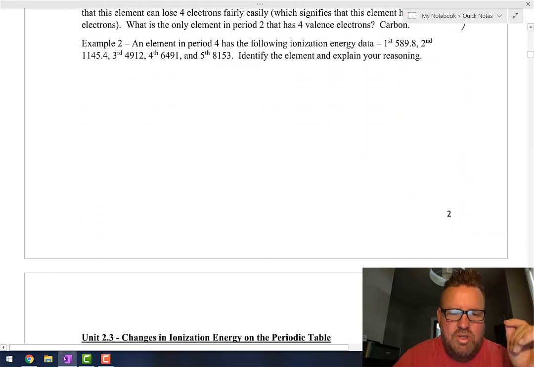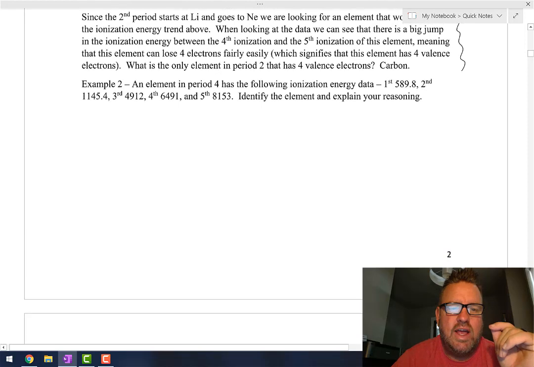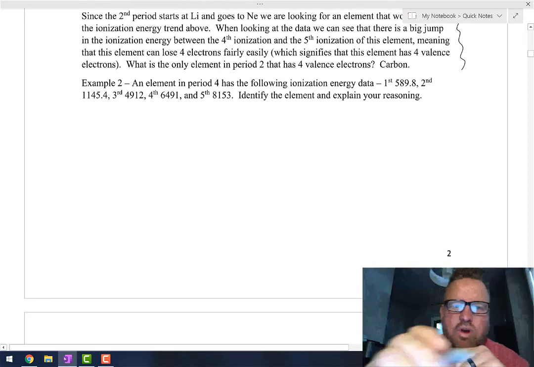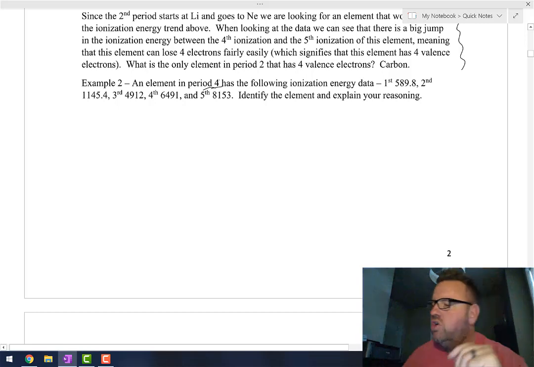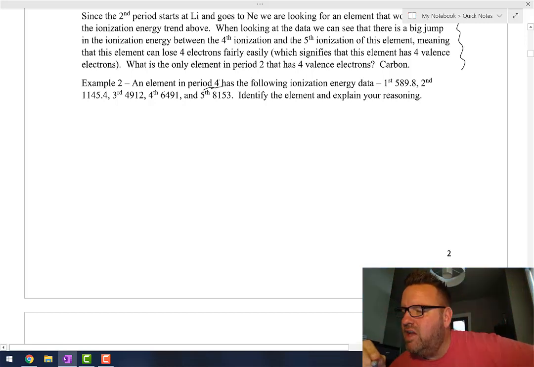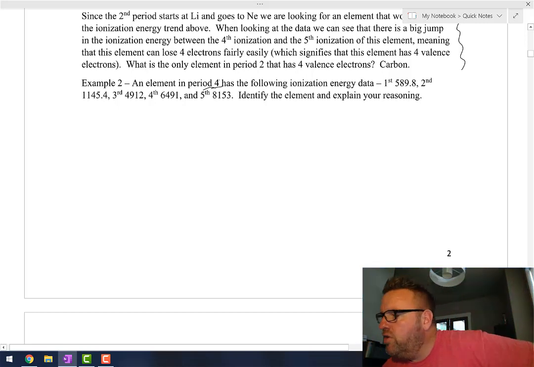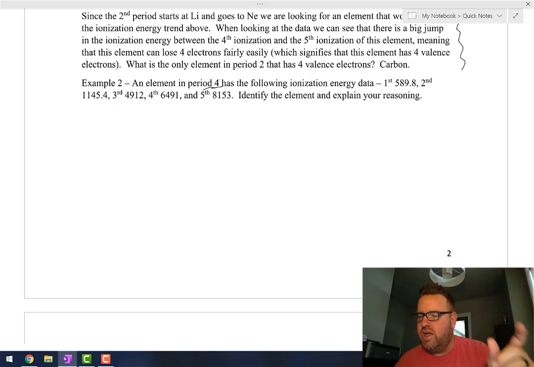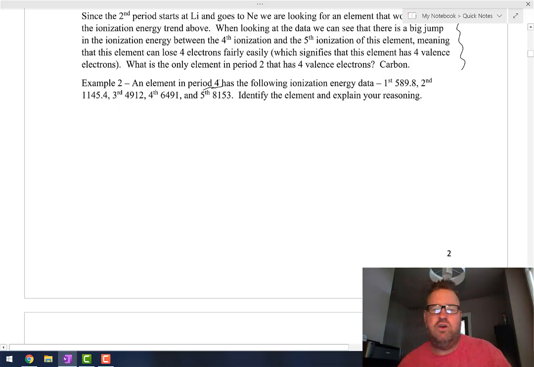Example number 2 says an element in period 4 has the following ionization energy data. So again, we're in period 4 now. So where are we looking? We're looking at potassium all the way over to krypton. Now forget the d subshell again. Whenever we talk about ionization energy, we're not talking about the d subshell. So we're just talking about potassium to calcium and then gallium over to krypton.